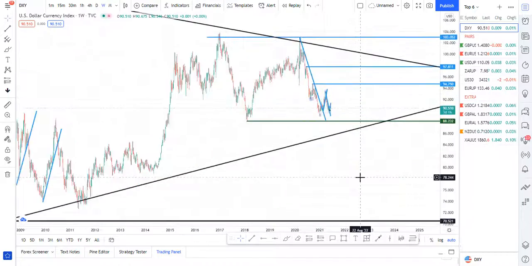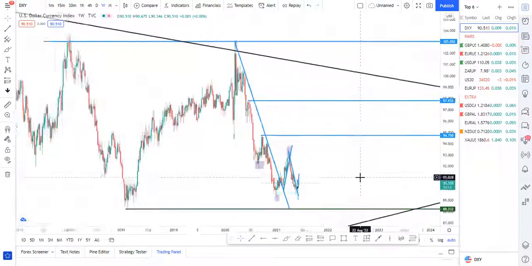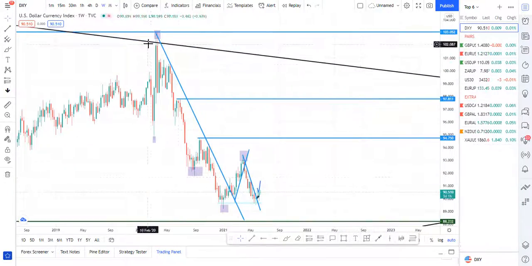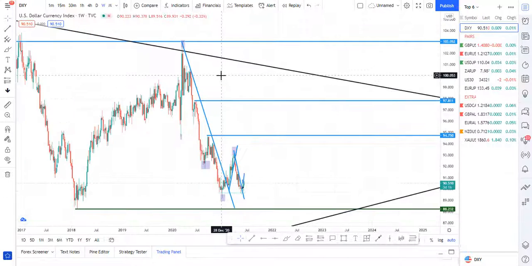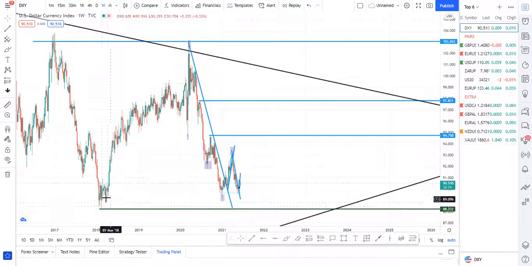So now based on that, I go inwards and I can see it rejected, then it came flying down, guys. And this is very strong momentum. But then something interesting happens: it comes to retest this area of support.